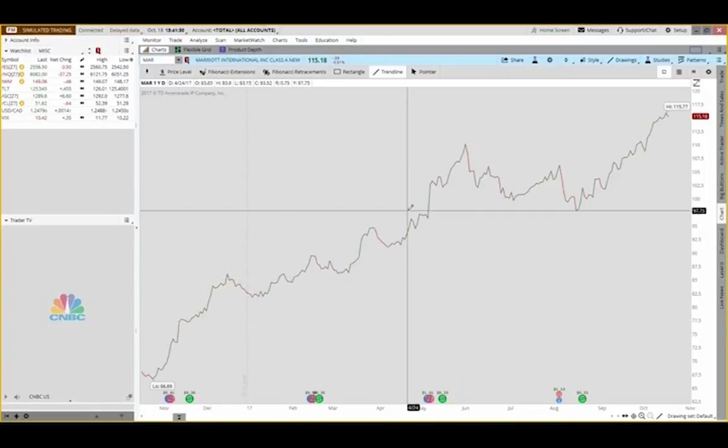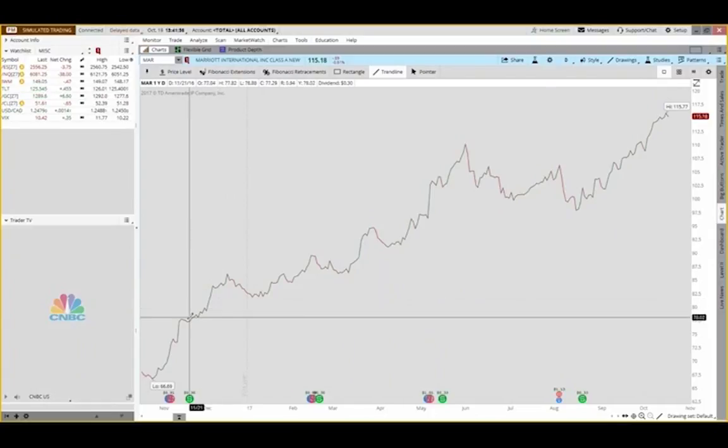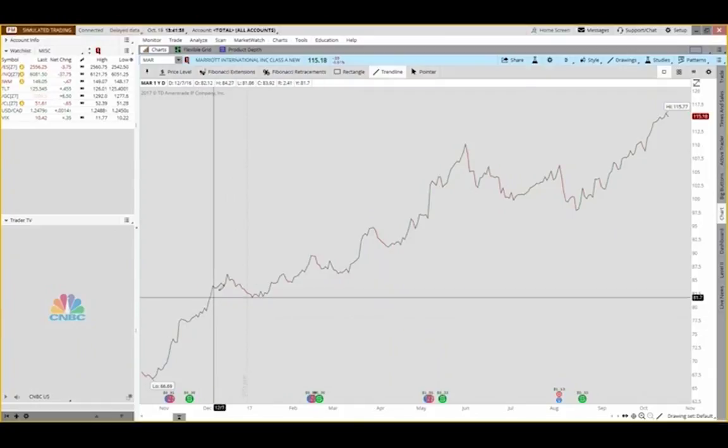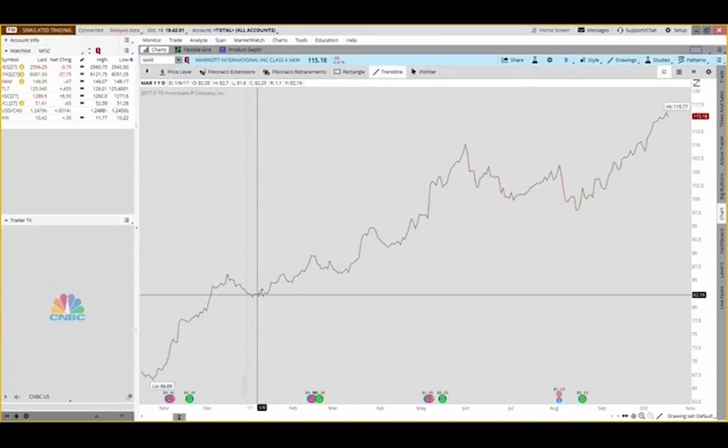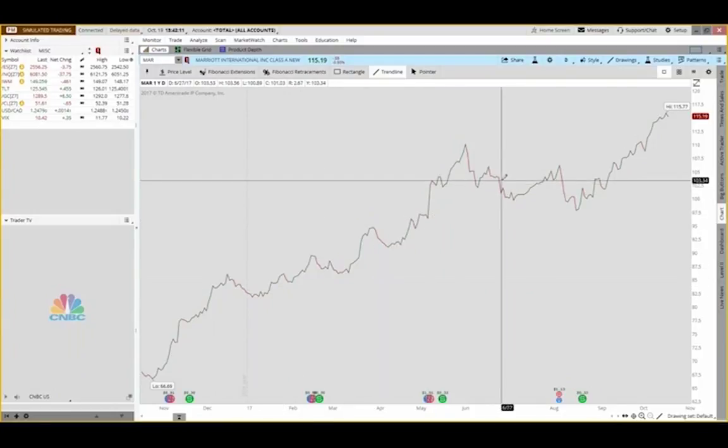The difference between a line chart and a candlestick or open, high, low, close bars is that the points on the line graph are based on the close, whereas on the other chart, they're based on the highs and lows. But when it comes to identifying areas of support and resistance, using the close is actually even more accurate.